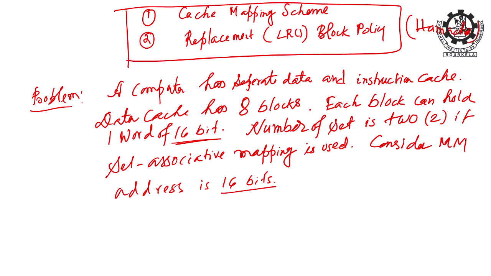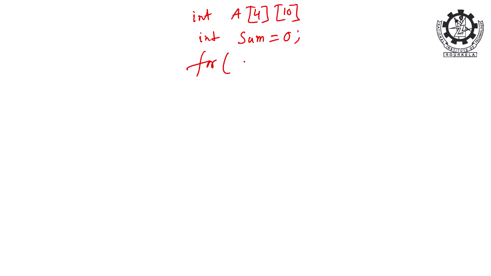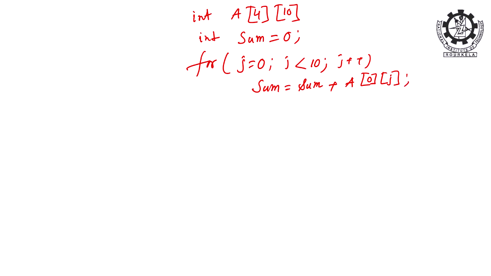So, let me first write the program here. Let us say you have a program: integer A[4][10], integer sum equal to 0, and then you have a loop, j equal to 0, j less than 10, j plus plus, and what you have to do, basically you have to add the row content A[0][j], okay, and then you put a variable average equal to sum divided by 10.